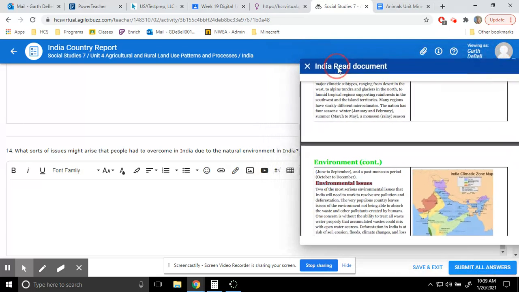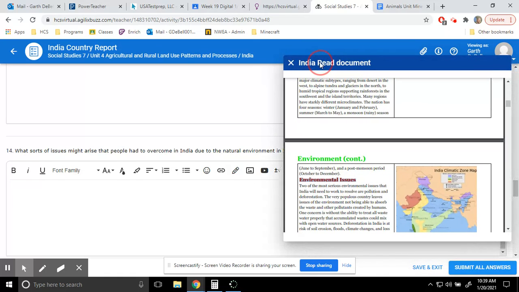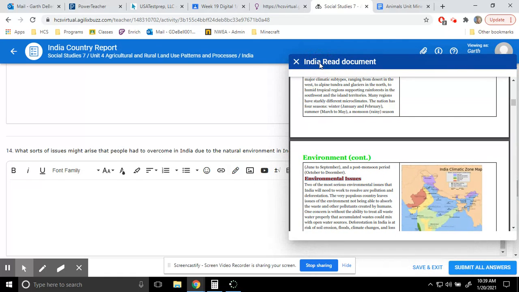All right, so this question before was a little different. I made it more specific so people understand what I'm looking for. When you're doing this question, what I want to know is what did people have to overcome? What adversity caused by their natural environment did the people have to overcome in India? So like if you have people in India, for example, living in the Himalaya mountains, mountains are very harsh places to live.